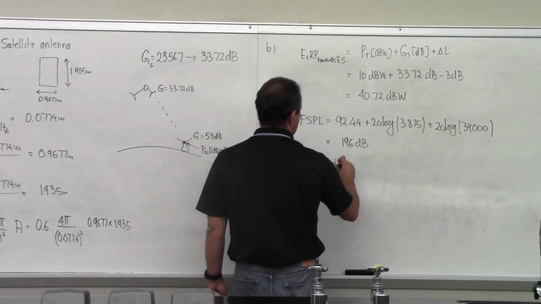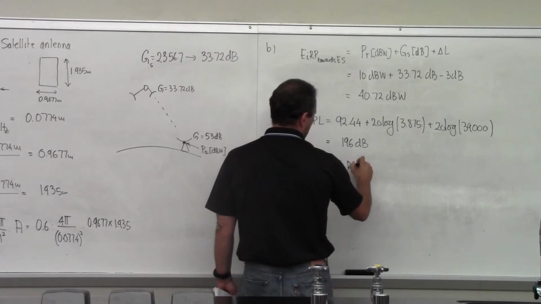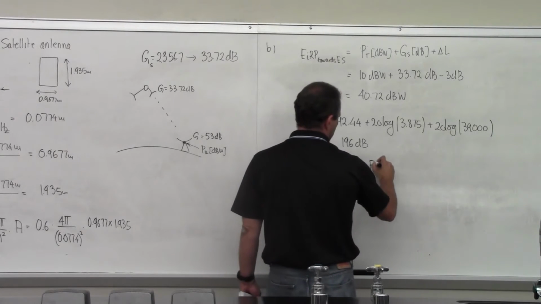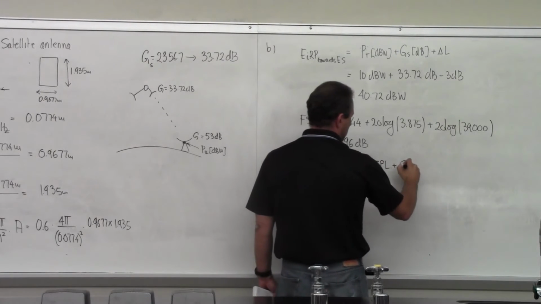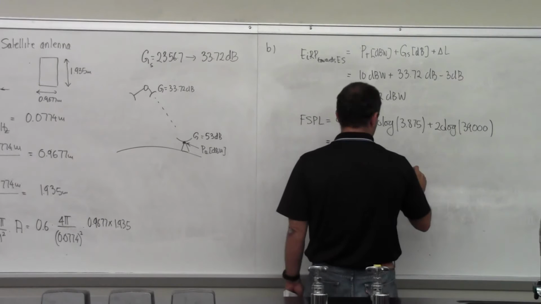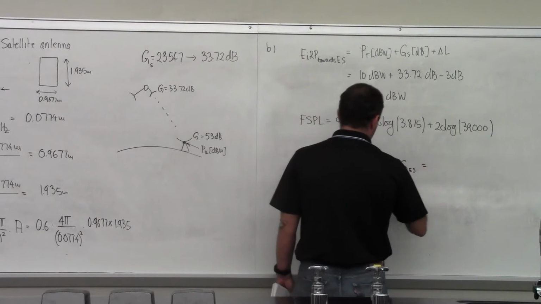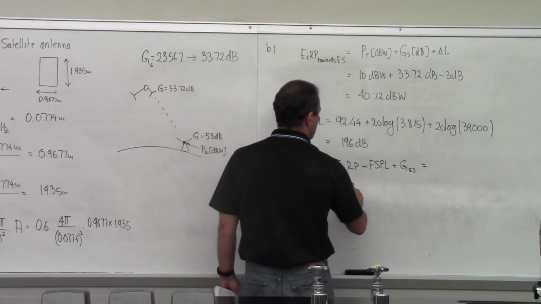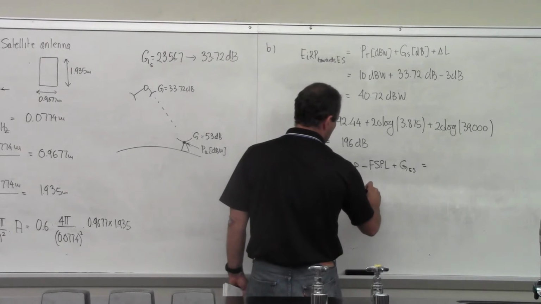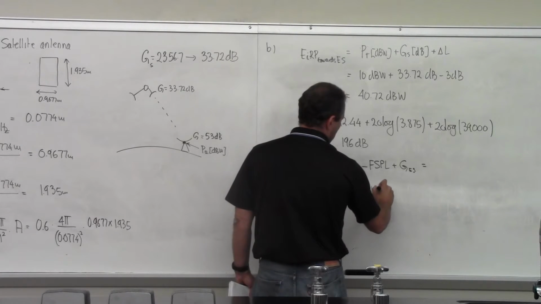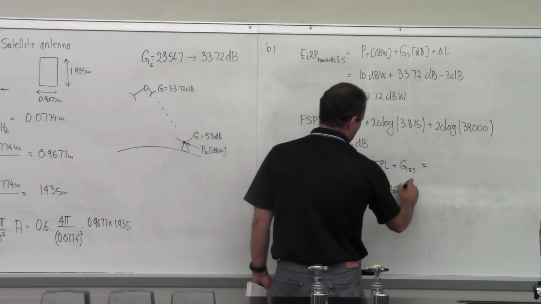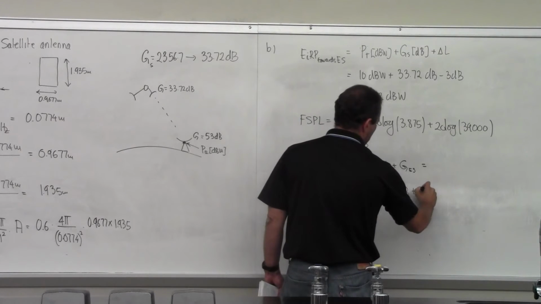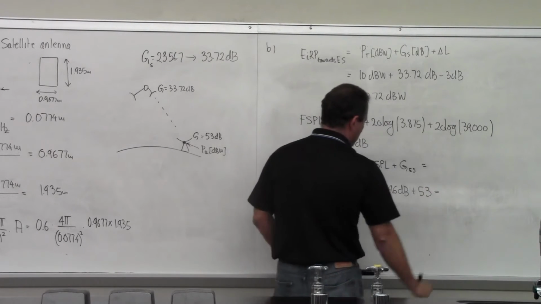So now, power received at the Earth station becomes EIRP minus free space path loss and plus the gain of the Earth station antenna. So this ends up being 40.72 dBW minus 196 dB, and plus the gain of the Earth station, which is 53 dB.